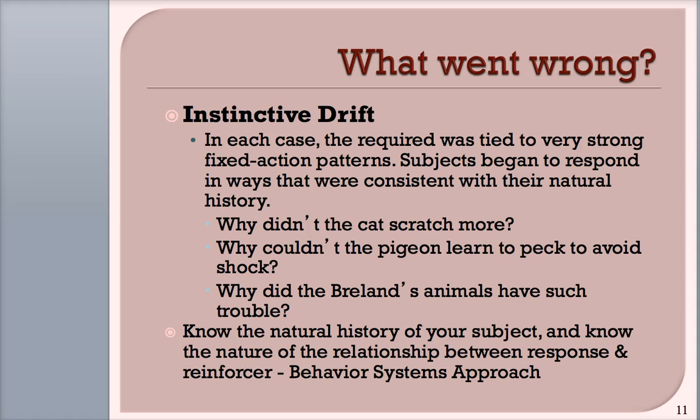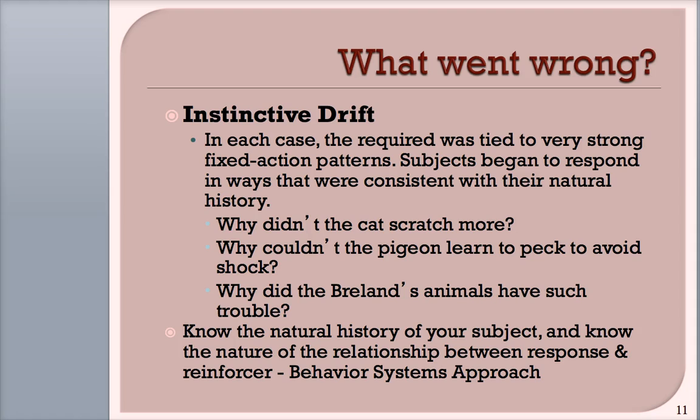So what exactly is going wrong here? And what we found in the 1960s and 70s is that in each of these situations, the response requirement was tied to very strong fixed action patterns.